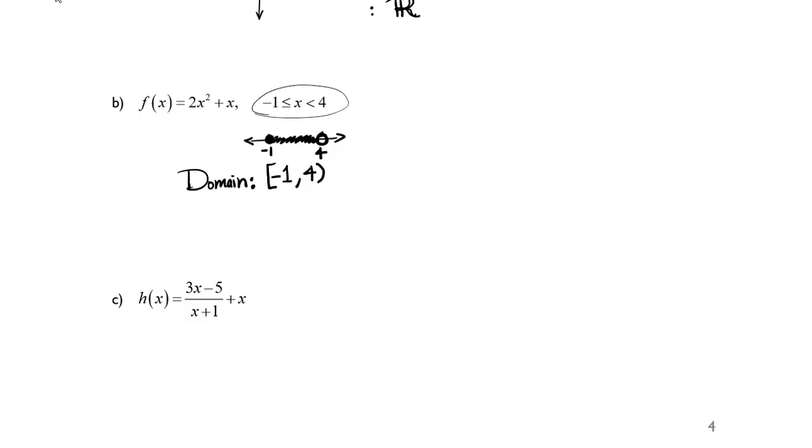And remember, just like when we were looking at rational expressions with inequalities, we have to restrict the domain so that we do not have vertical asymptotes in the denominator. We don't include those values. So x plus 1 cannot equal 0 because there will be a vertical asymptote there.